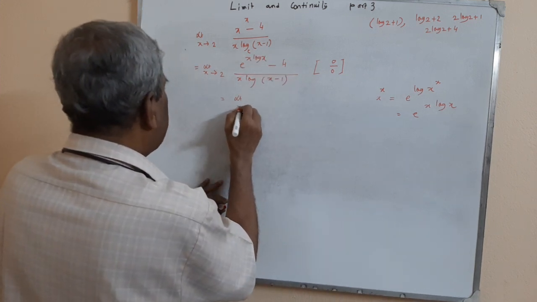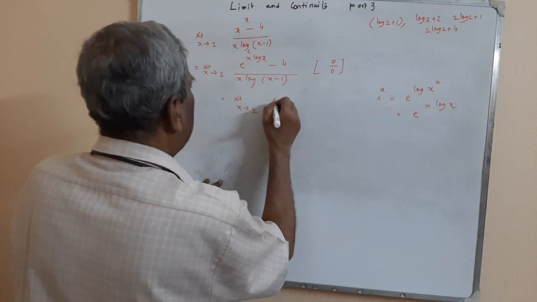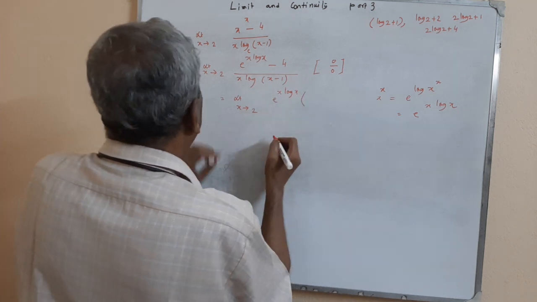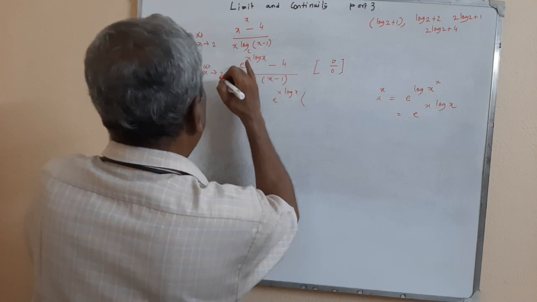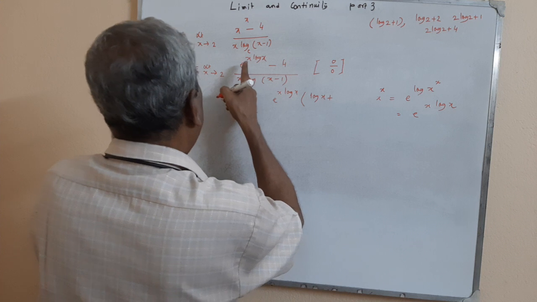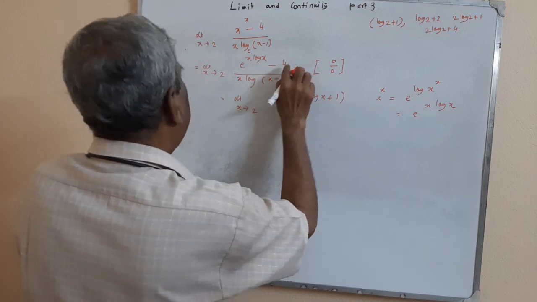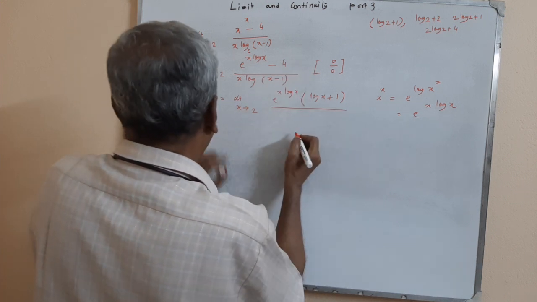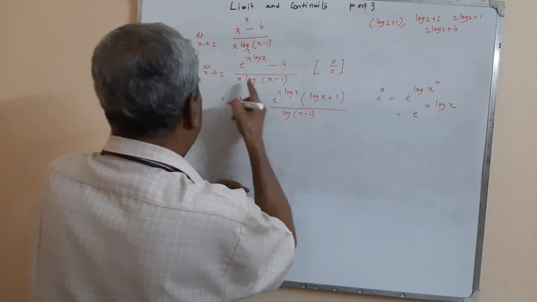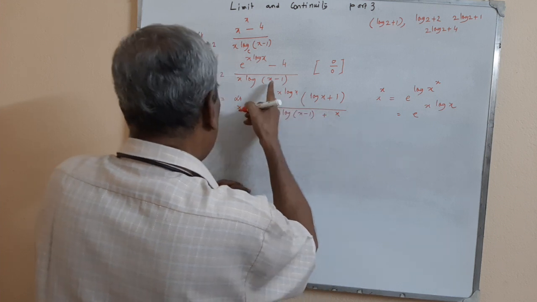So limit x tends to 2, the derivative is e to the power x log x itself into the derivative of that, which is 1 into log x plus x into 1 by x, that is 1. The constant gives 0. Then in the denominator, the derivative of x is 1 times log of x minus 1, plus x into 1 by that.